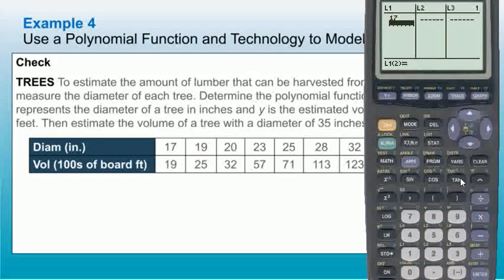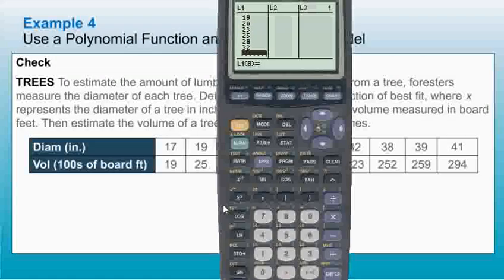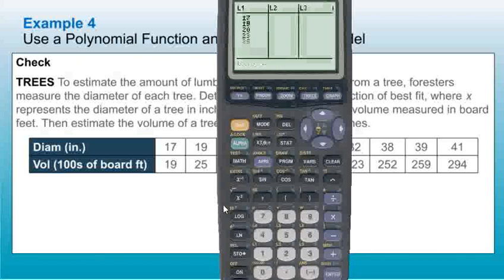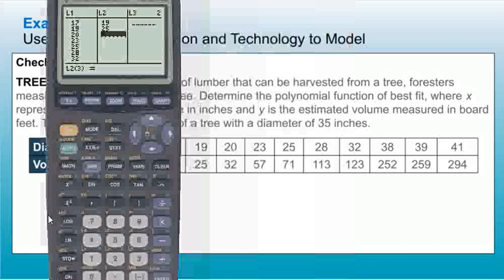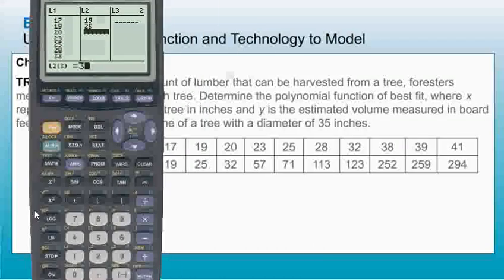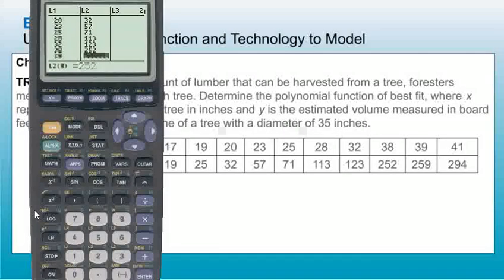So I have 17, 19, 20, 23, 25, 28, 32, 38, 39, and 41. The other column, we have 19, 25, 32, 57, 71, 113, 123, 252, 259, 294.